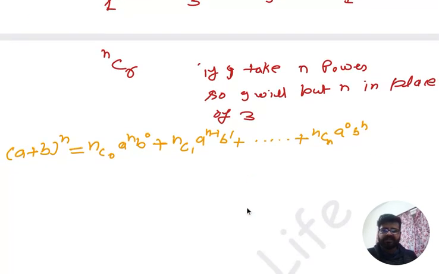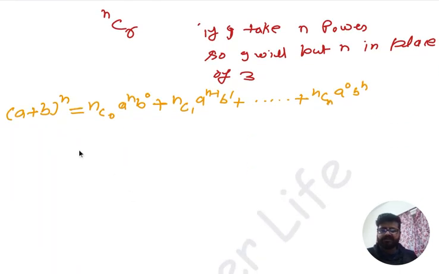So in the next line I can write down, because b to the power 0 will be 1, and here a to the power 0 will be 1.